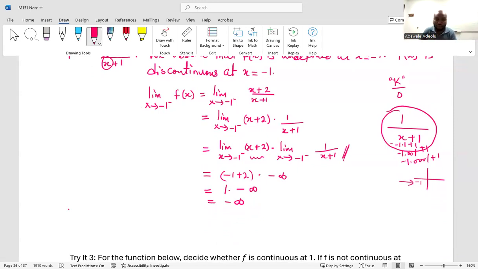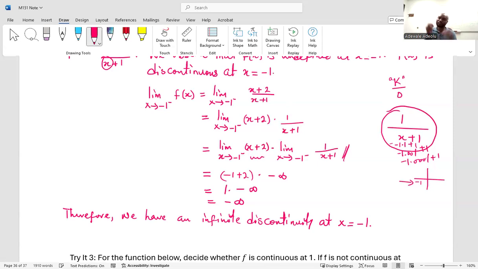From this, we can conclude. Therefore, we have an infinite discontinuity at x equals -1. That is enough.